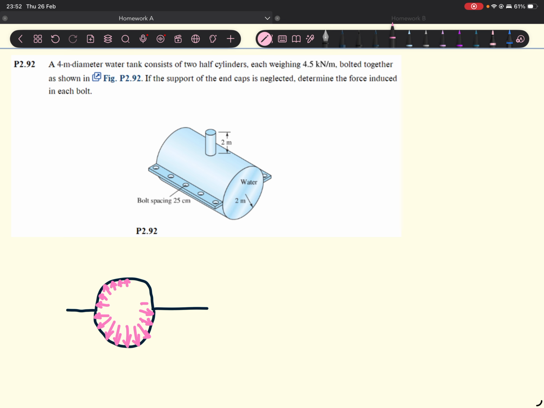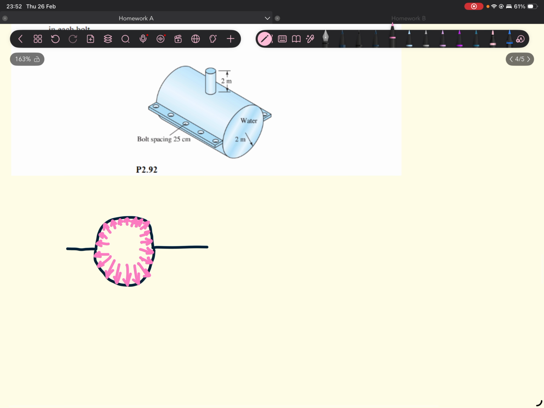And then as you round the thing, it gets smaller again. So as you increase your height, then your pressure gets larger.